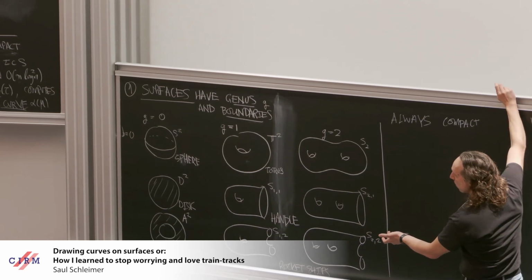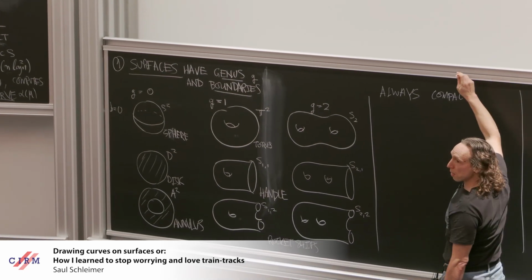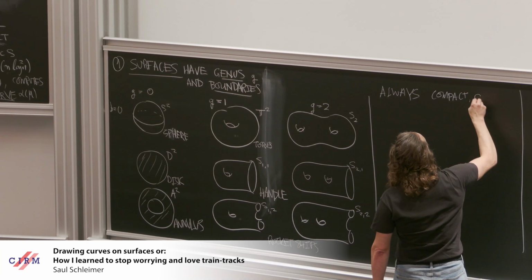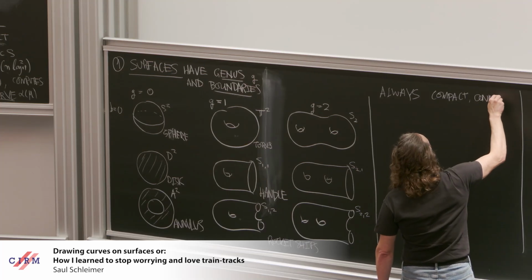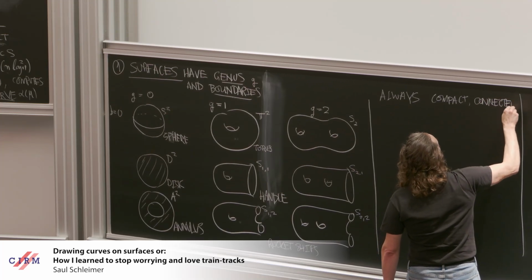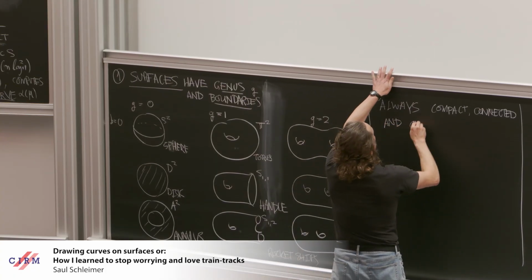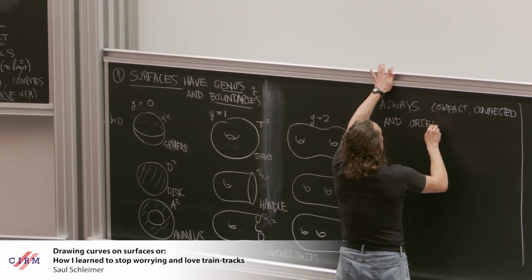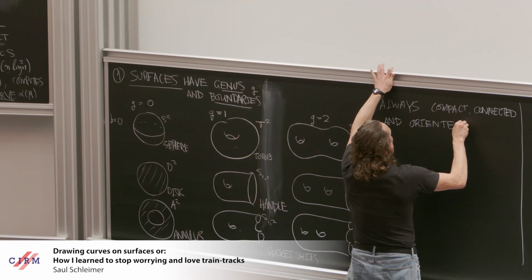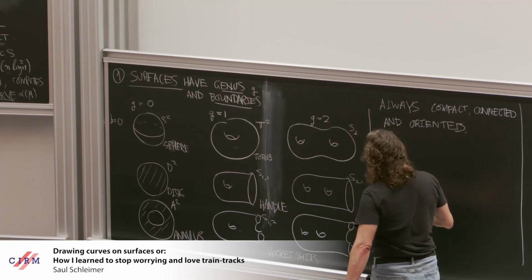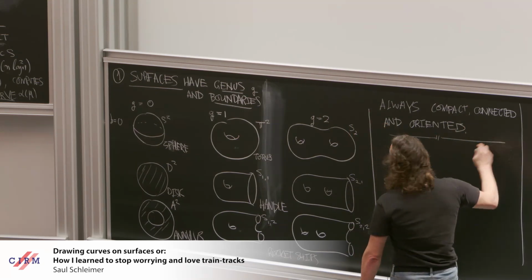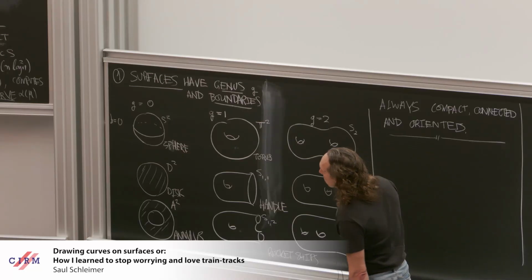That means that they're bounded, closed and bounded in extent. Connected, don't have two pieces. And oriented. Like so. So that's the first topic discussed.